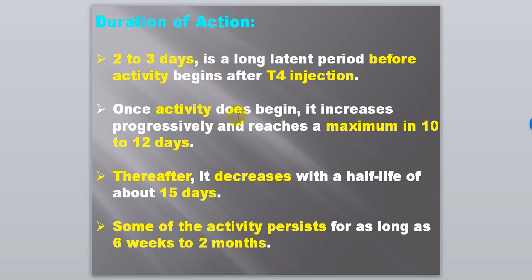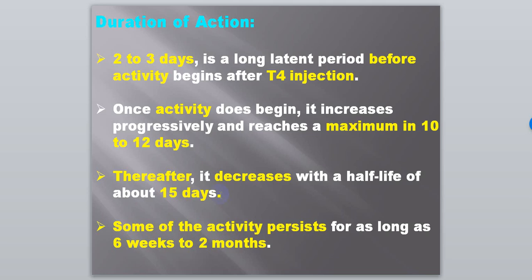Once activity does begin, it increases progressively and reaches its peak at 10 to 12 days. Thereafter, it decreases with a half-life of about 15 days. Then some of the activity persists for a long period, 6 weeks to 2 months. We take this example to study the period of activity of these hormones when they enter the body.